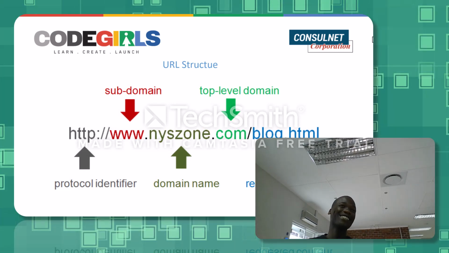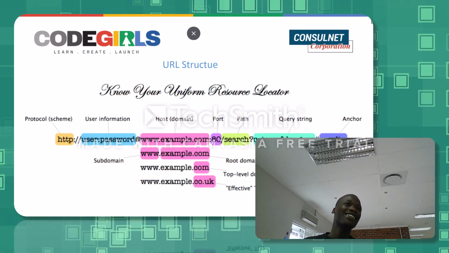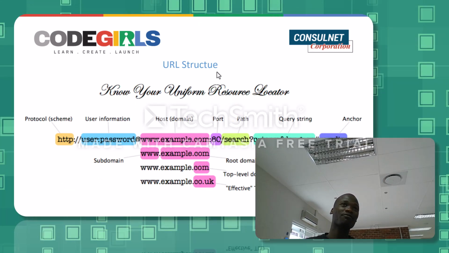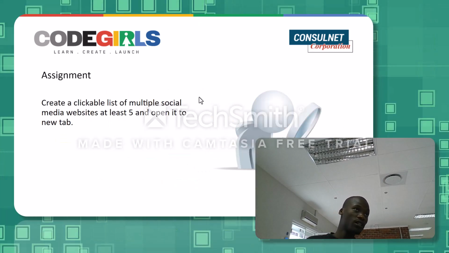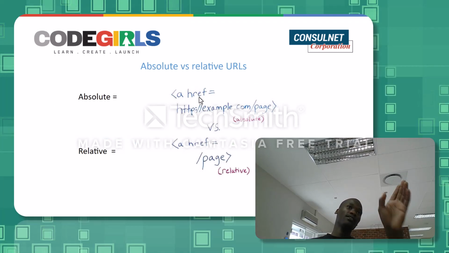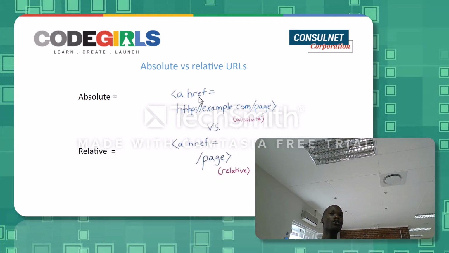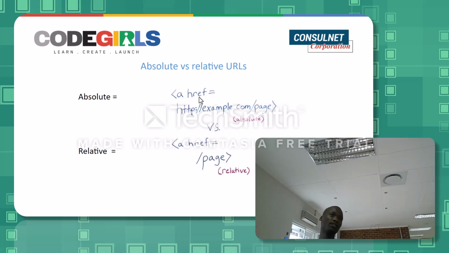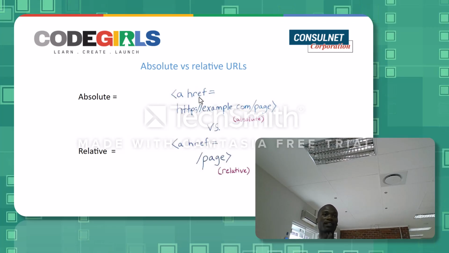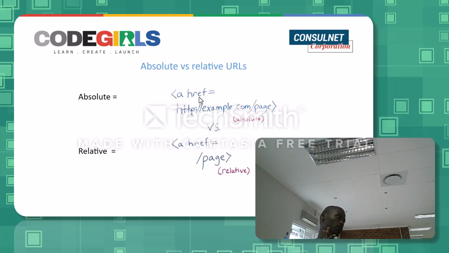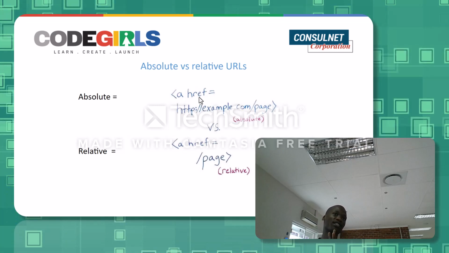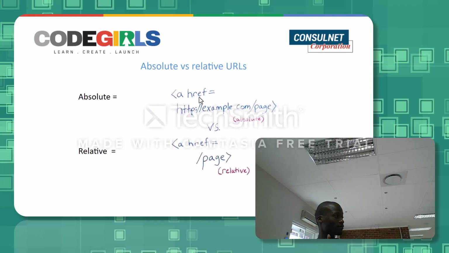So I was just speaking about absolute versus relative URLs. Who can give me any ideas what I'm speaking about when we speak about absolute and relative URLs? Okay, can I give an example? With absolute, I search anything that's got to do with a URL, so anything with www and things like that.